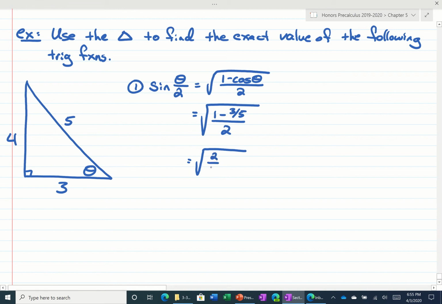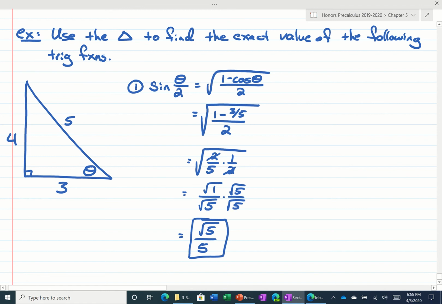So we have 2 over 5 divided by 2, or 2 over 5 times 1/2, which is the square root of 1 over the square root of 5, and rationalizing by multiplying by the square root of 5 on top and bottom, we get the square root of 5 over 5. That would be what the sine of theta over 2 is.